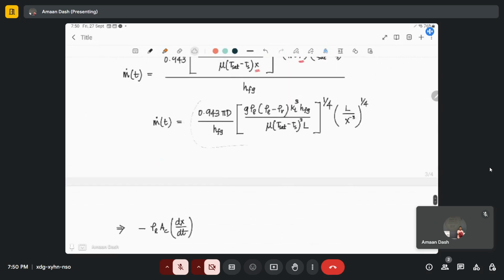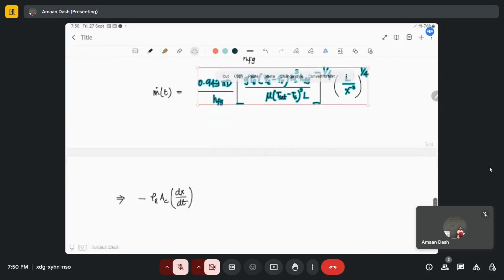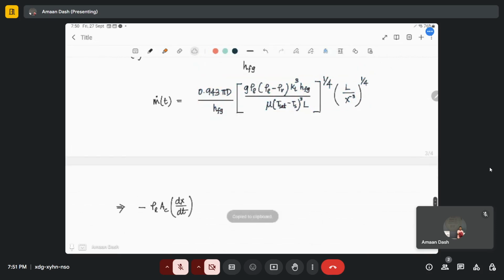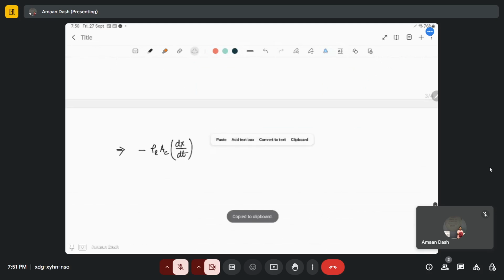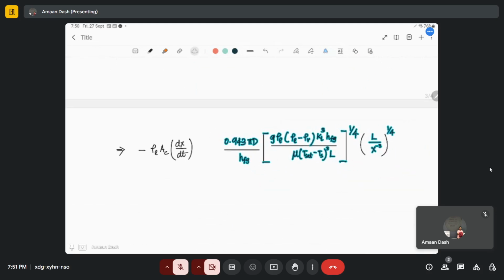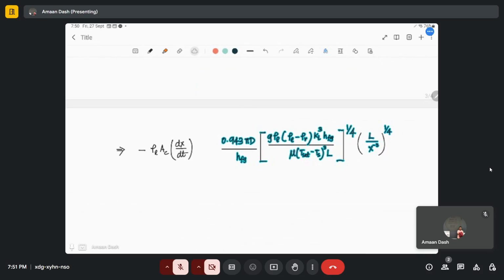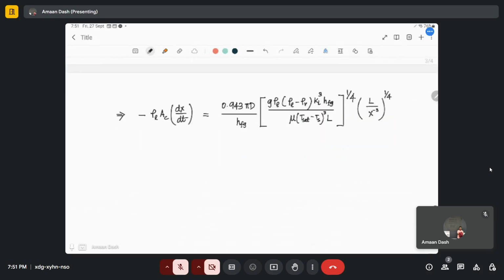And that is equal to this particular expression. So what we can do, we can take this to that side, and a dt here, and a rho_L A_c we can write it here.